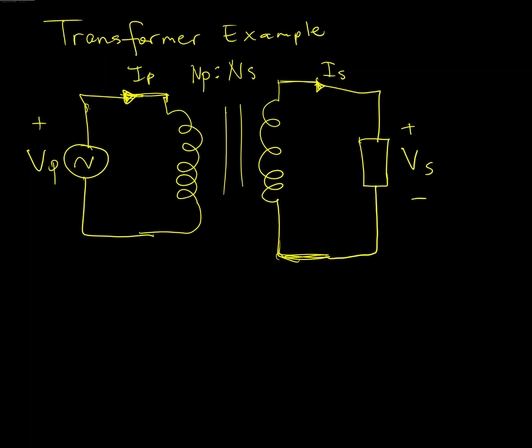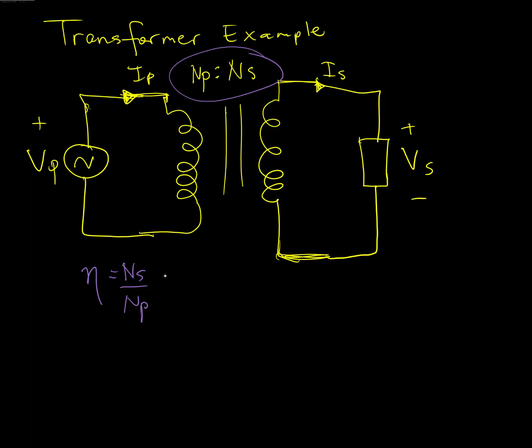Okay, and so this turns ratio, the relationship between the number of turns on the primary and secondary, becomes very important, right? So the turns ratio, as we write it, this little n, is the number on the secondary over the number on the primary.